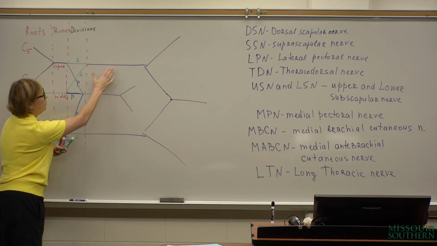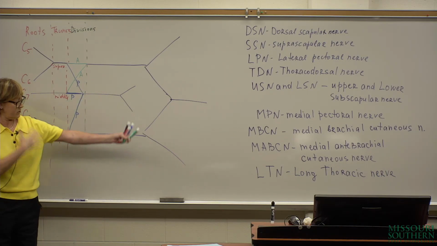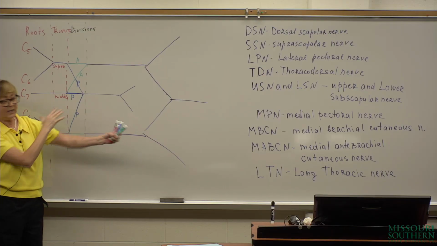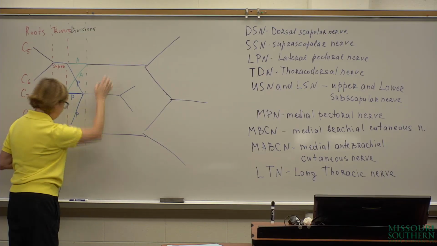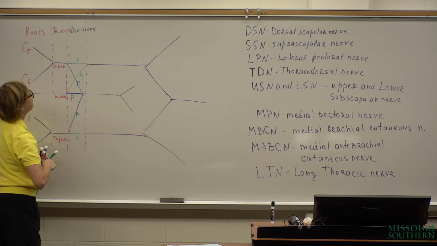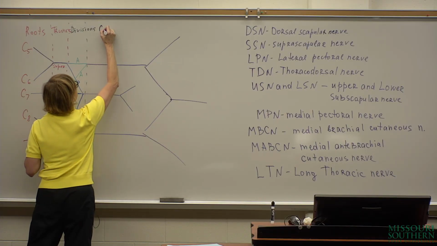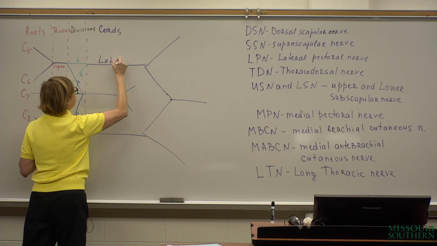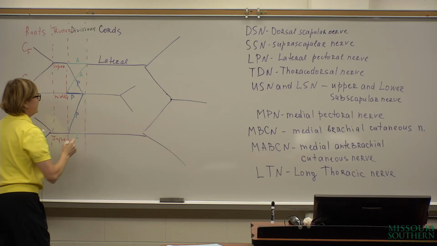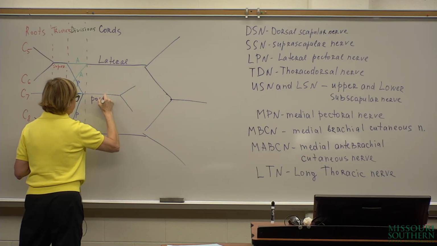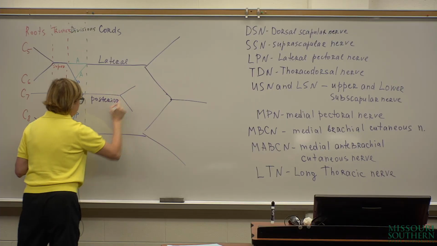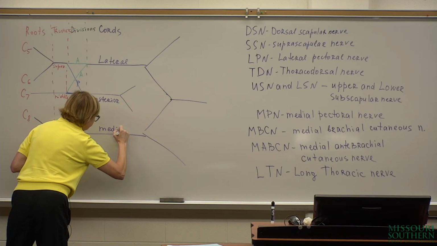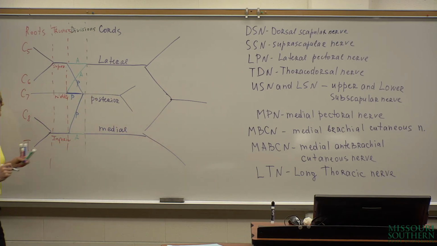We're drawing the left brachial plexus. So this is our brachial plexus that we're trying to draw the diagram of. So this is the lateral cord, posterior cord, and medial cord.